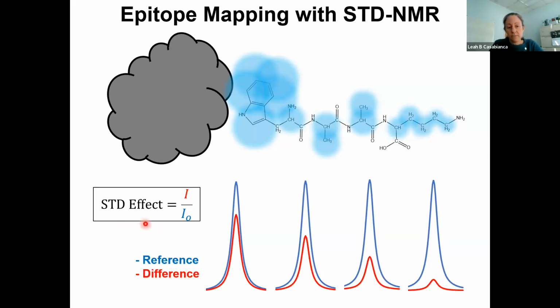So the STD effect, which we define as the difference intensity divided by the reference intensity, should decrease as a function of distance from the receptor surface. And this is actually a really great way to get information about structure indirectly. So by looking at the different STD effects on the different protons, we can tell which protons are located closer to the receptor surface and which are farther from the receptor surface in the bound configuration.